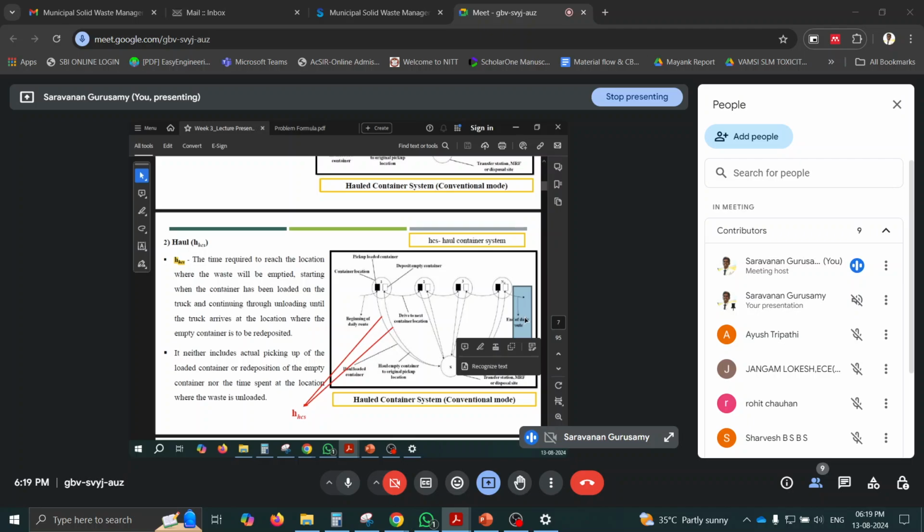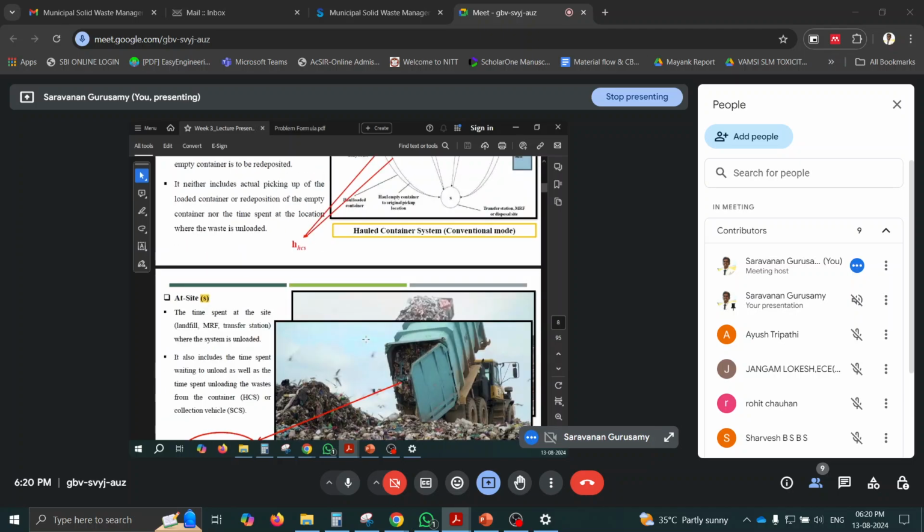So whenever you have to design a system in this manner, the final route should be near the disposal site or the garage, or the first location should be near the garage, then T1 or T2 will be very negligible. Like that only you have to design any solid waste collection system.